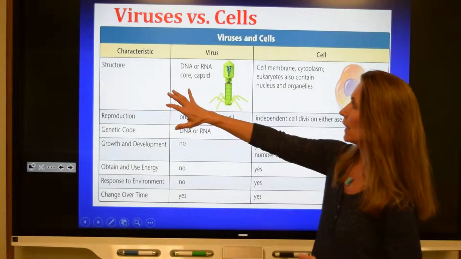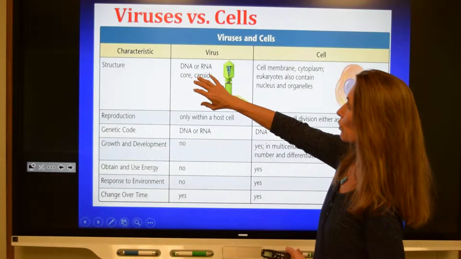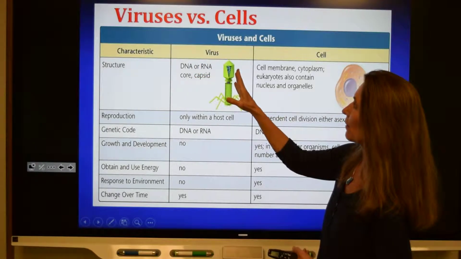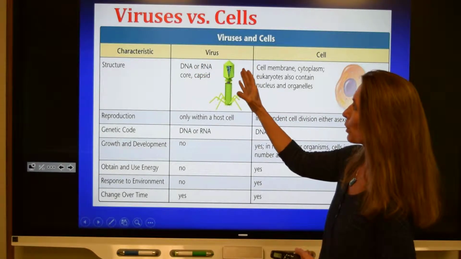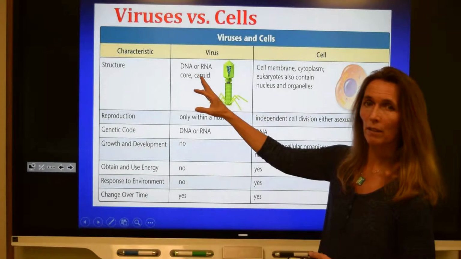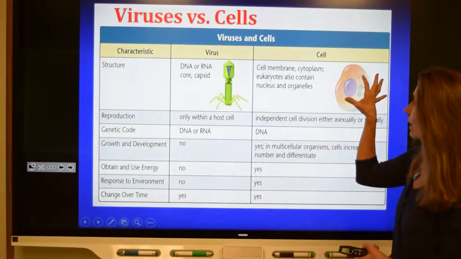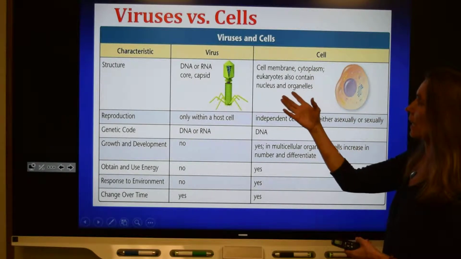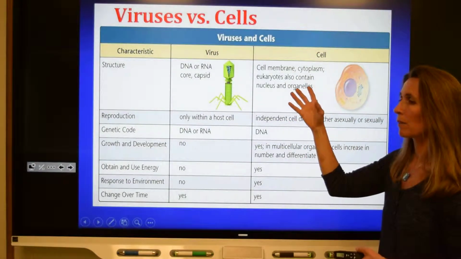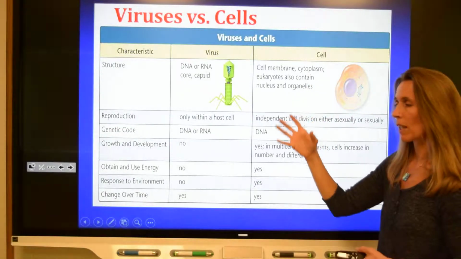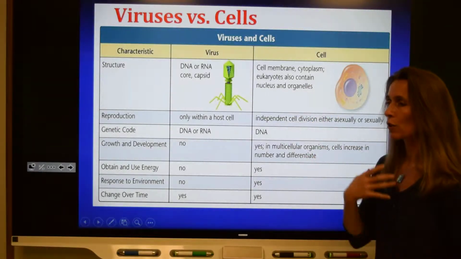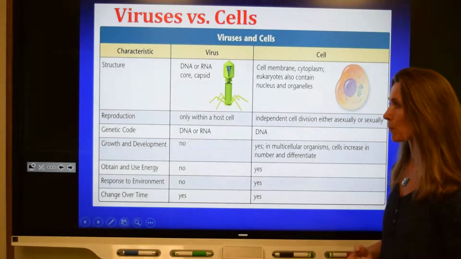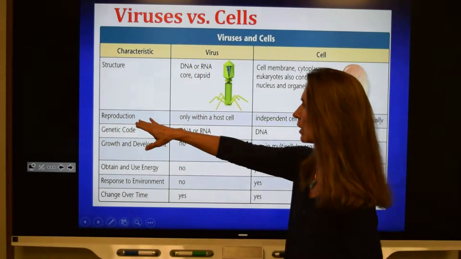Then we can see the general structure here is that the virus is formed out of protein and genetic material, whereas our cell has a cell membrane, it has cytoplasm, it has organelles in case of the eukaryotic cells, and it for sure has all of the machinery that the cell needs in order to maintain its metabolism. Then reproduction.